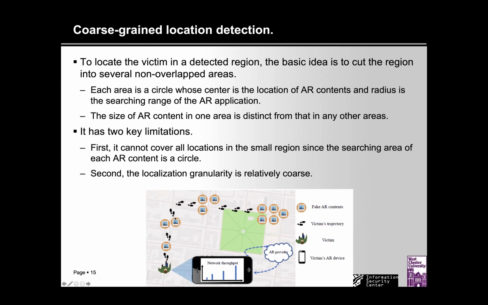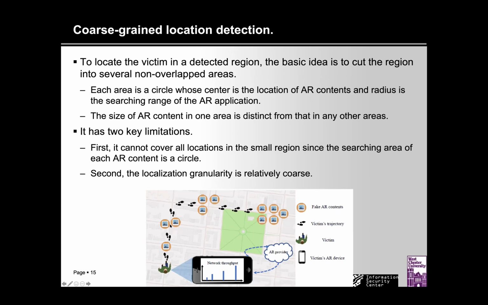So we make sure that each time the user steps into that region, the AR application will start downloading AR content. And the size of the AR content in one area is distinct from that in any other area, so we can distinguish one location from another and uniquely pinpoint that location.